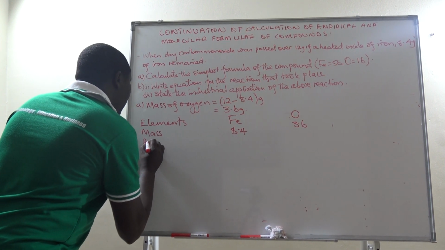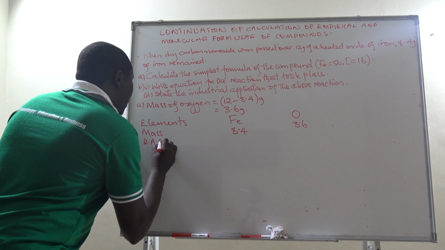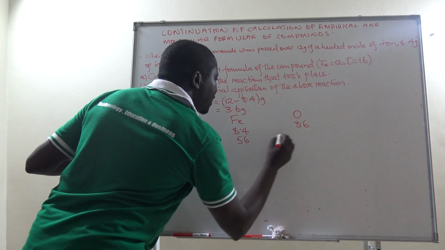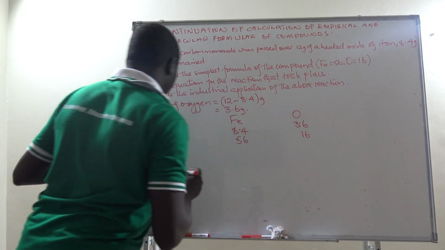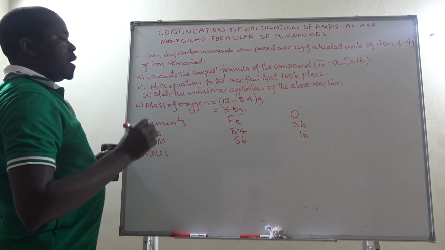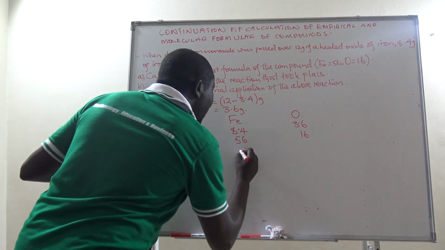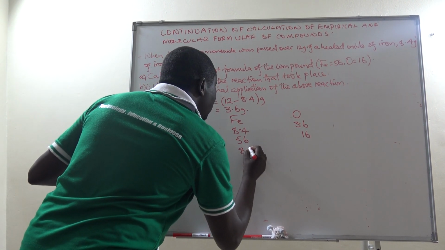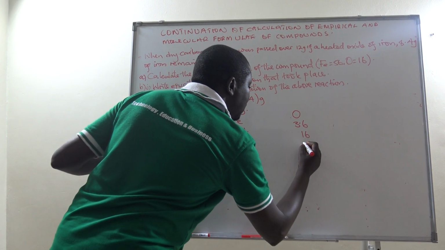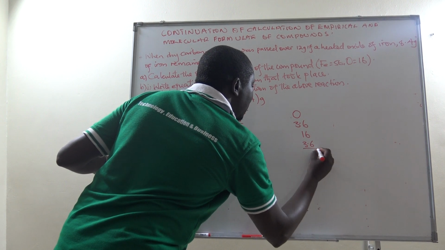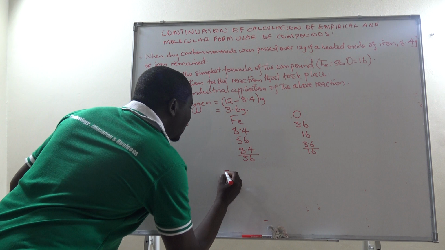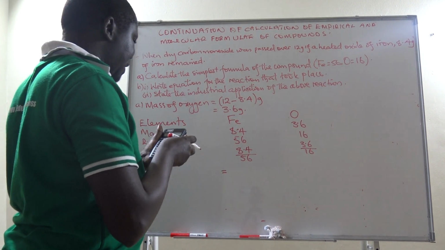Then we remind ourselves of the relative atomic mass of each element: iron is 56, oxygen is 16. So we go now to the moles of each element. To get the moles, we divide the mass by the relative atomic mass.